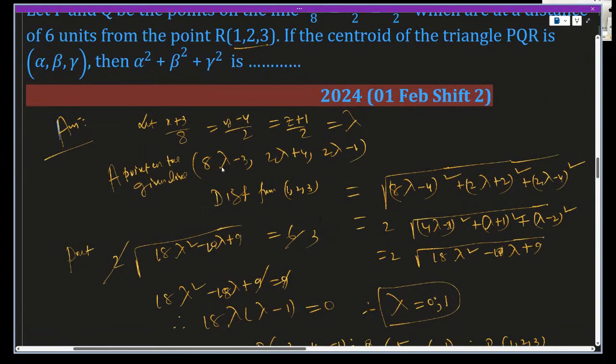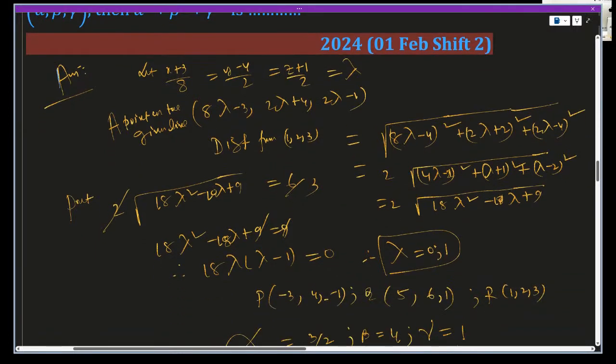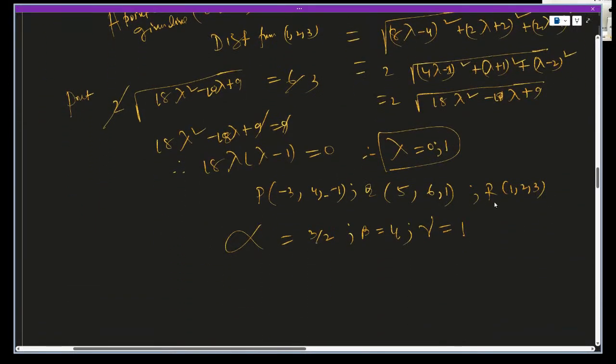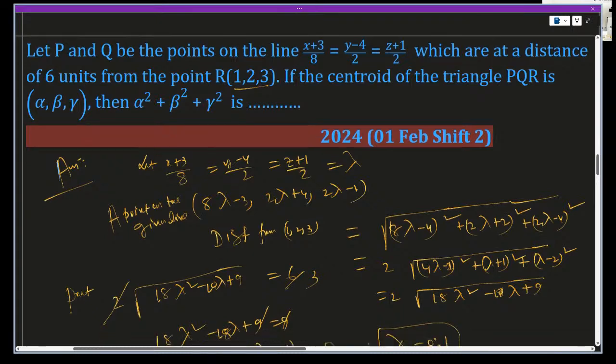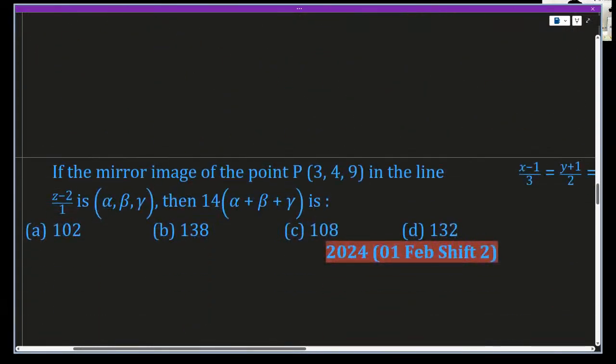And for lambda equal to 1, it is 5, 6 and 1. So then we find the centroid. So alpha plus, now you can find whatever the requirement, alpha square, beta square, gamma square, just substitute there.